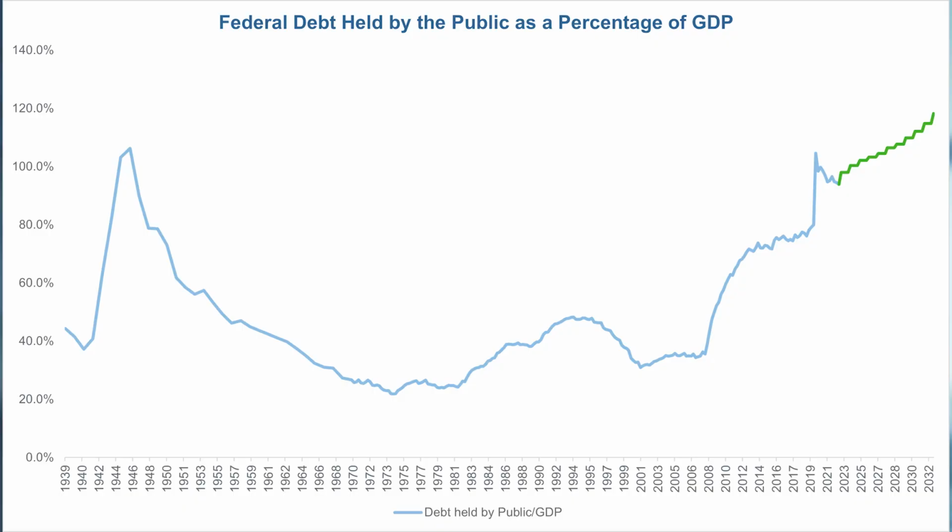This graph here shows some historical data on the government's debt, measured as a percentage of GDP. The line indicates the part of the government debt that's held by the public, typically in the form of treasury bills, treasury notes, or treasury bonds. After hitting a high of more than 100% of GDP during World War II, debt generally declined as a percentage of GDP until about 1980.